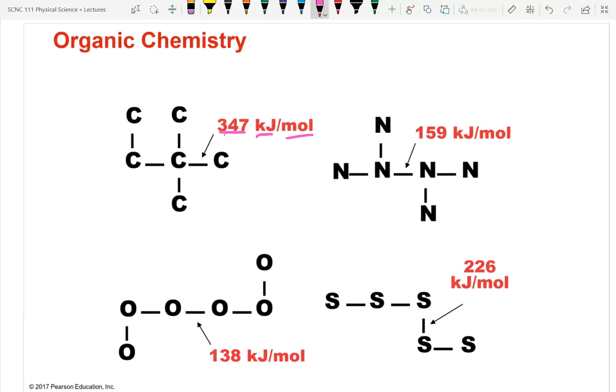If you look at sulfur on the periodic table, where does it fall? No, sulfur is S. So it's directly below oxygen.